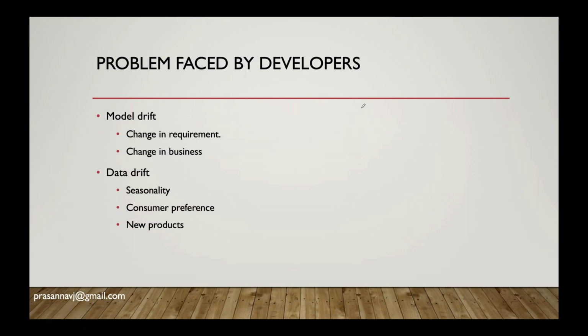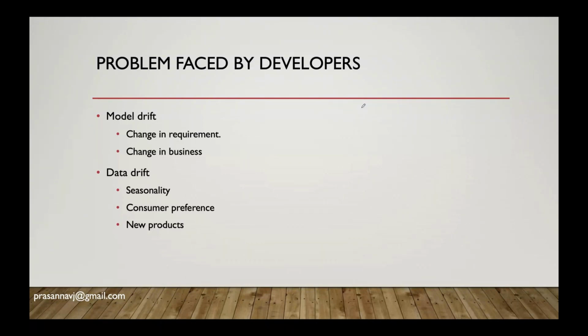And two important problems that you can think of, in terms of both the combination of your development life cycle as well as the live production life cycle, are, first, model drift, and the second, data drift. The model drift could come through where there is a change in the complete business requirement itself.